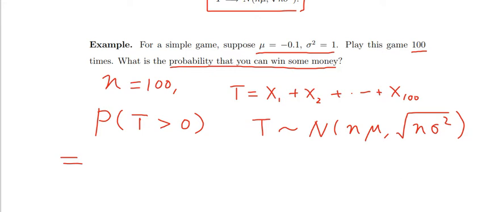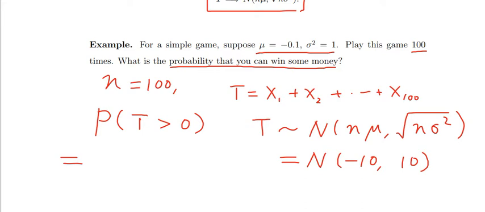So we plug in mu equal negative 0.1 and n equal 100. So the mean is negative 10, and n sigma square is 100, so the square root of 100 is 10. So we know the total result will follow such a normal distribution.